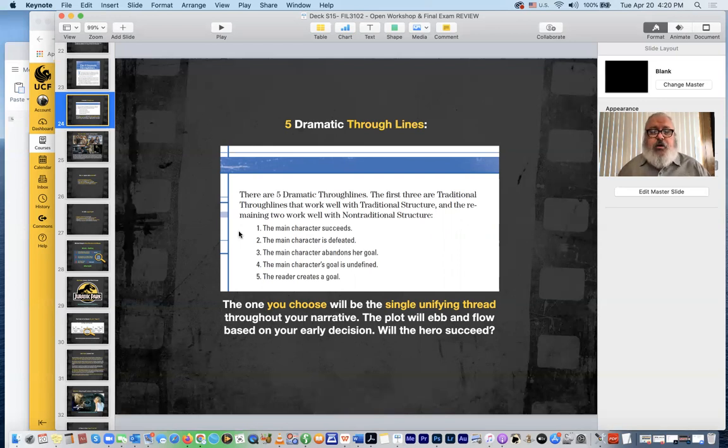But in terms of the character abandoning their goal, I gave you some very interesting examples when we talked about turning point. For instance, in Jurassic Park, the first half of the movie is all about visiting Hawaii and going on vacation and seeing this wonderful natural history theme park, where they have recreated the DNA of dinosaurs from mosquitoes frozen in amber.